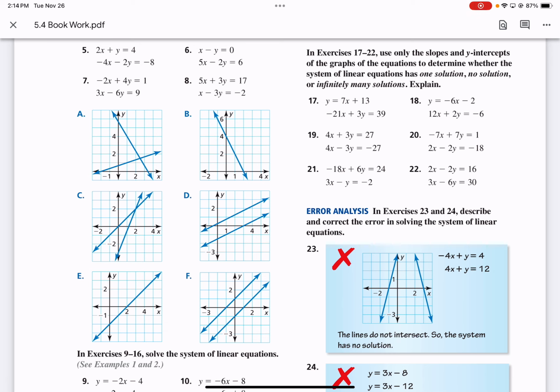In 3 through 8, you're matching which ones are which. In 9 through 21 odd, you're finding me the solution.